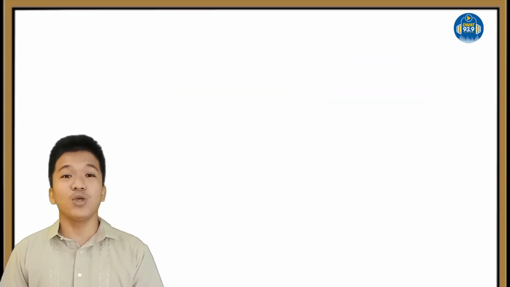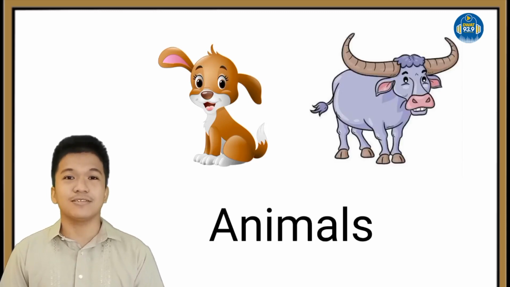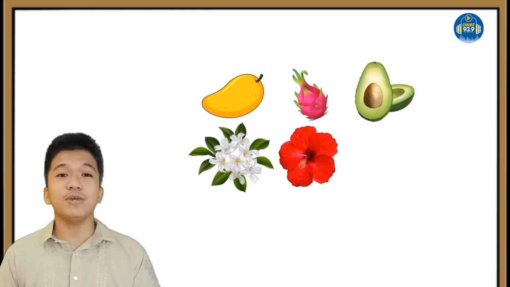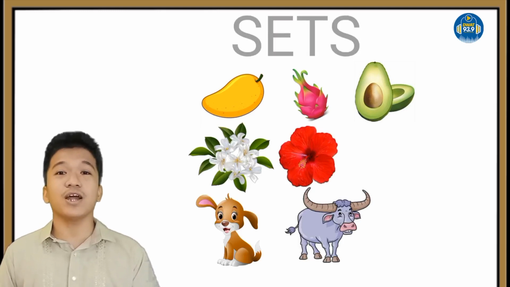Lastly, we can have dog and carabao in the same group because they are all animals. In short, we group these objects because they share common characteristics, and these groups are called sets. Basically, a set is a collection of objects sharing common characteristics.